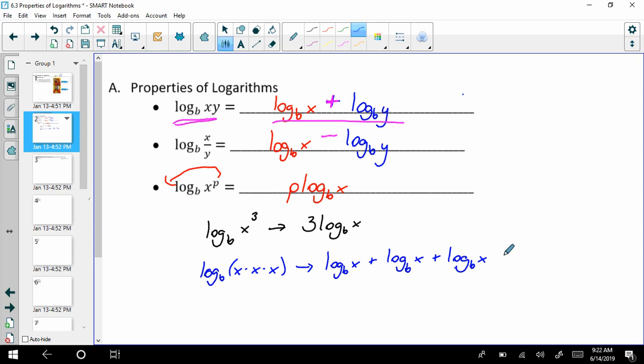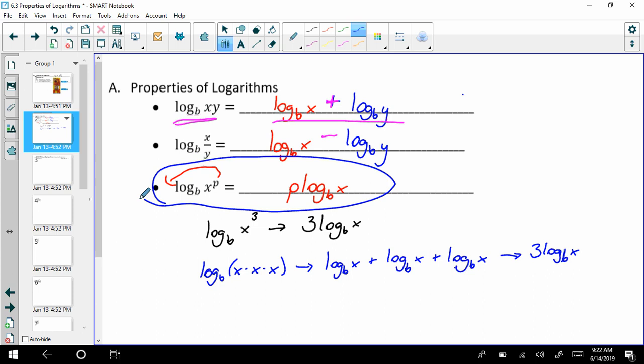And finally, if I combine my like terms, because they are like terms, if I add them together, I would have 3 of them. So all this third property is, it's a shortcut versus if we were to do it out this long way. So yes, mathematically, it does work. There is a reason for it. It's not just something we're doing because someone made it up. There is a purpose for it.